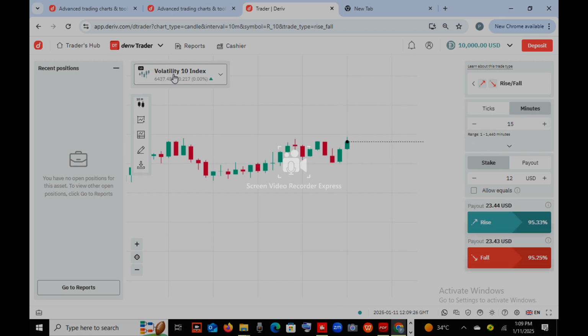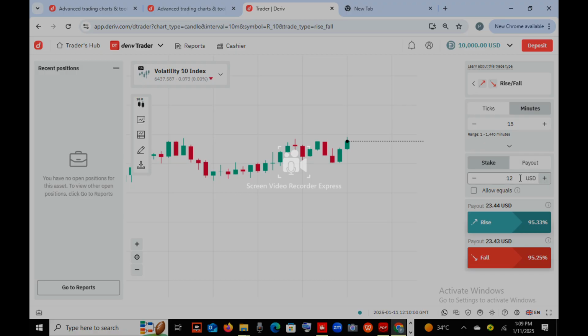Because once you change your underlying assets, maybe from volatility 10 to volatility 100 or 75 or 25, as the case may be, and you don't come back here to change from ticks to minutes, you might have thought you've seen a good pattern and you want to enter, only to discover that you have not changed from ticks and you just take a direction and boom, it was just one tick and that $10 is gone.